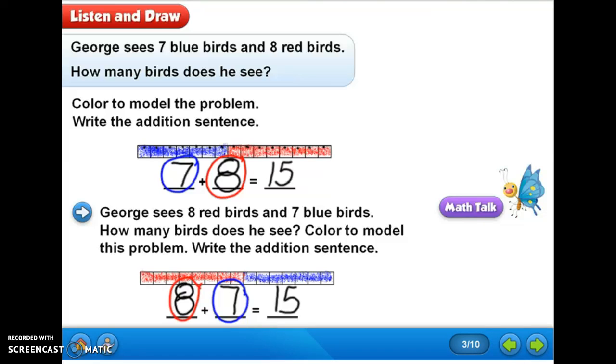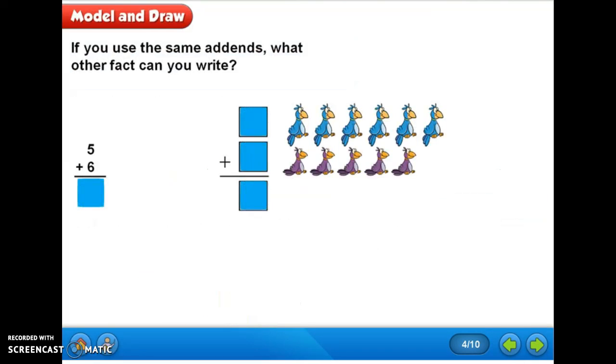Go to the next page. So you're on page 132. It says, if you use the same additives, what other facts can you write? So I have 5 plus 6. Well, I'm going to draw a picture to go with that.